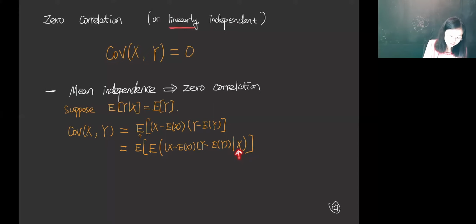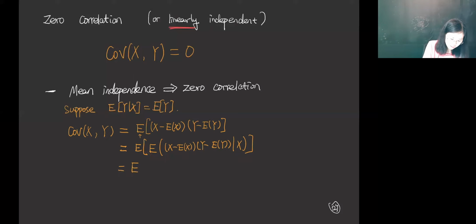Let's look for functions of x in this random variable. Well, x minus E of x is a deterministic function of x. So given x, x minus E of x is deterministic, it's constant. When it is constant, it can be pulled out of this expectation.